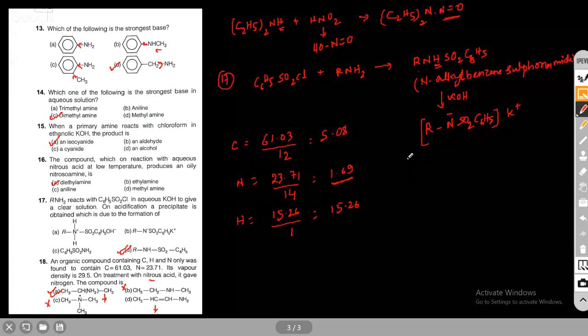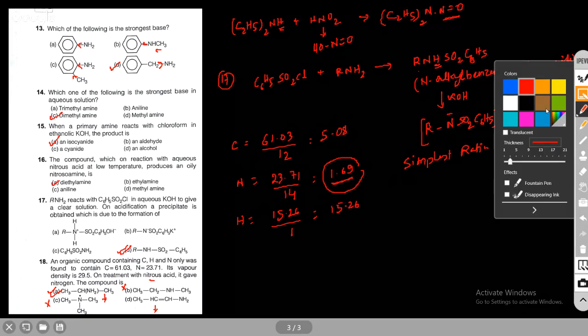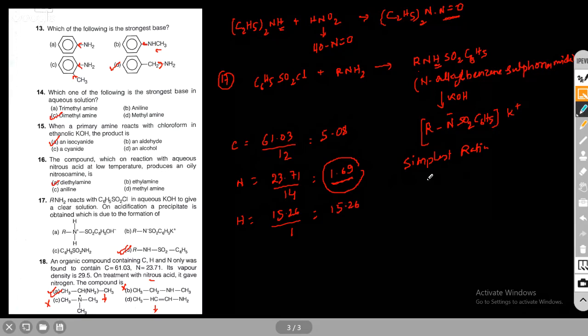Now for the simplest ratio, we divide all these numbers by the minimum value. For carbon, 5.08 divided by 1.69 is approximately 3. For nitrogen, 1.69 divided by 1.69 is 1.